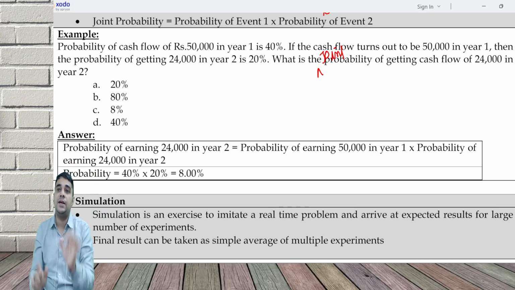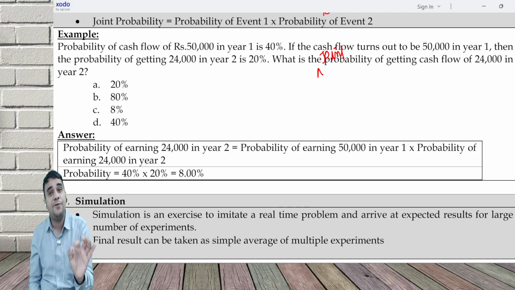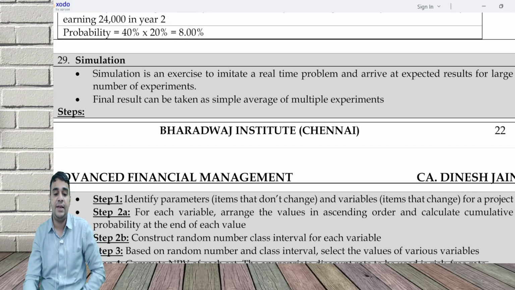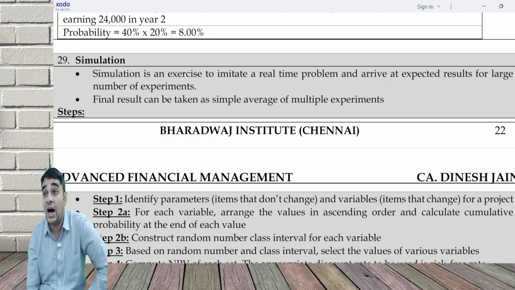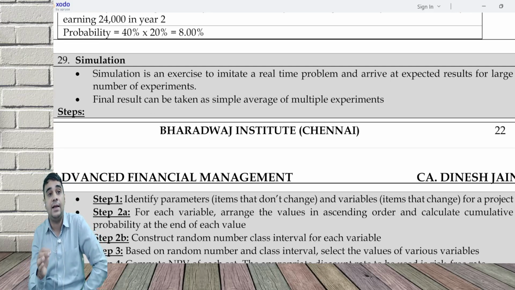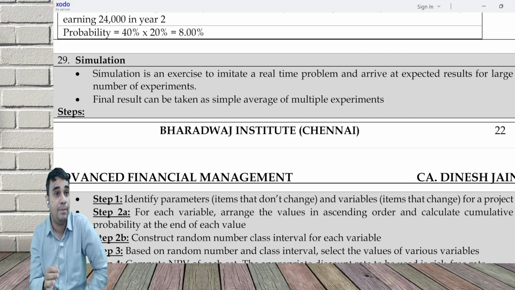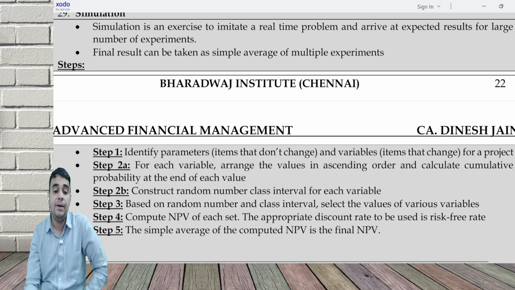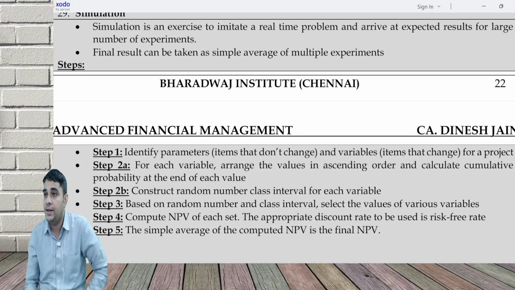But logically speaking, NPV should always be calculated only at risky rate. CEF is an exception, because in CEF cash flow is adjusted. Simulation is an exercise to imitate a real-time problem and arrive at expected results for a large number of experiments. Practically thousands and lakhs of experiments can be done. Final result can be taken as the simple average of various experiments.